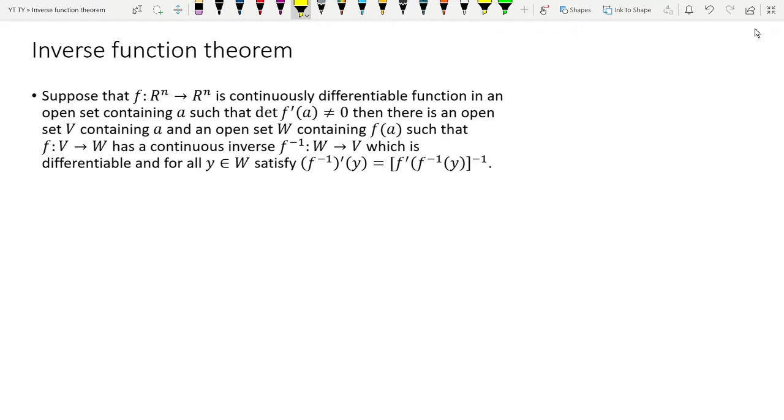We need to prove the inverse exists, the inverse is also continuously differentiable, and whatever is the inverse should satisfy this condition. In this case, on my left hand side, this inverse is the inverse function, and on the right hand side, this inverse is the inverse as a matrix, because over here this is going to be a matrix, right? These are a few observations that students should note.